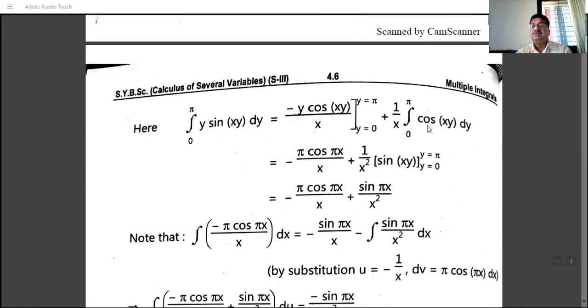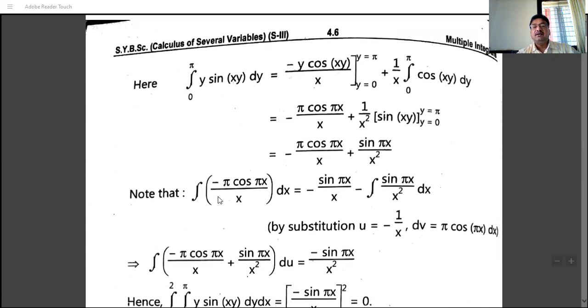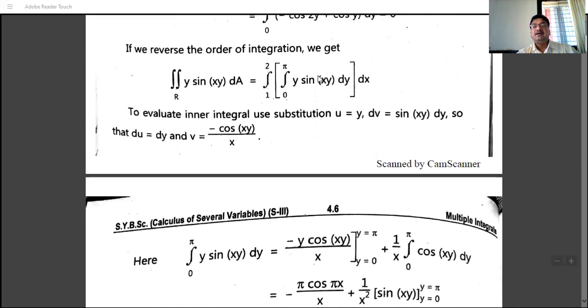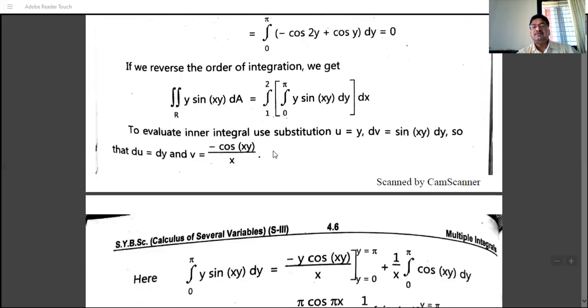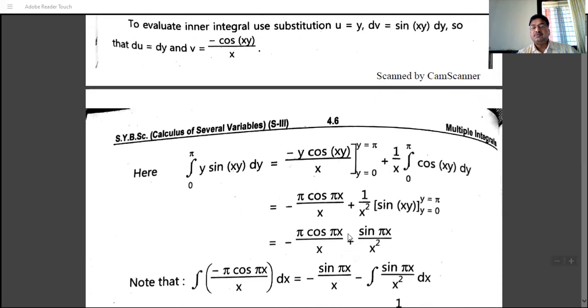And then the integration of cos xy is sine xy divided by x, since the integration is with respect to y. And then we have this value, and its integration from 1 to 2.